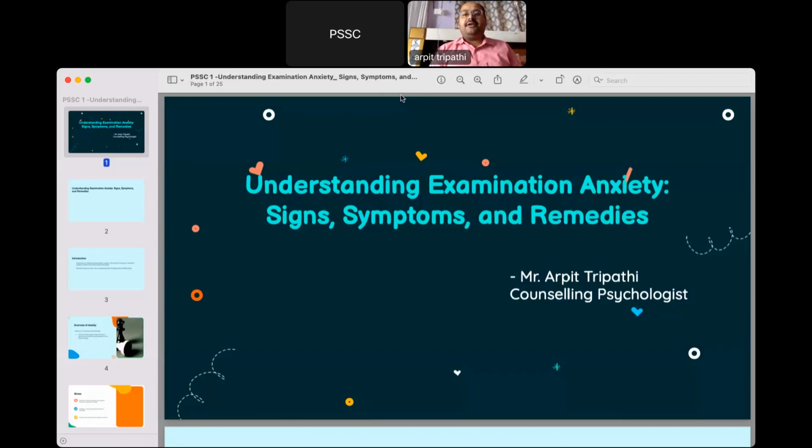And the topic for today's session, what I chose to talk about, is understanding examination anxiety: signs, symptoms, and remedies. Why am I talking about examination anxiety? Because in the present scenario, even the syllabus and a lot of things are being worked upon by CBSE. Exam is a major source of stress for a child.